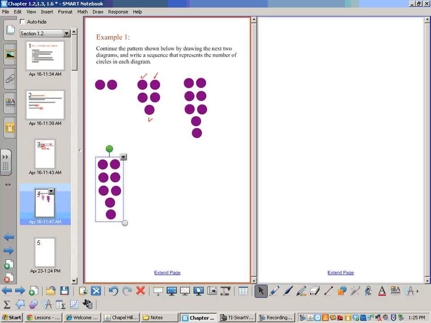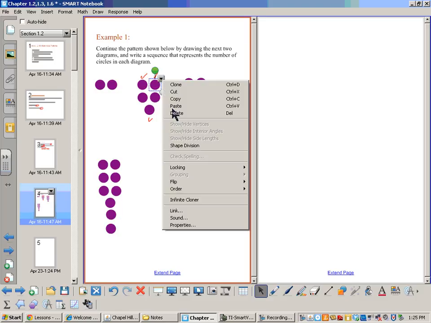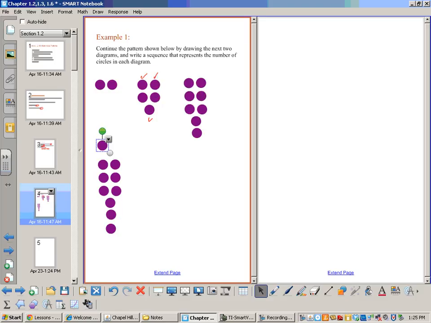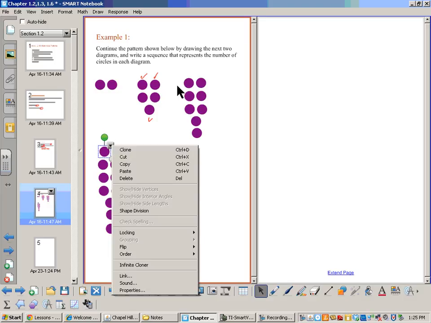And to that, what I'm going to add is 1 at the bottom. So let's do that. And then I also add 2 more at the top, because each time I'm adding 1 at the bottom and then 2 at the top. And so eventually you could figure out what that's going to do for you is adding 3 each time.